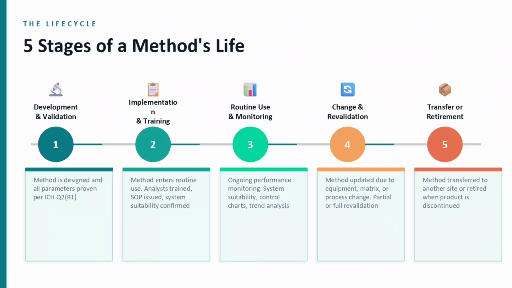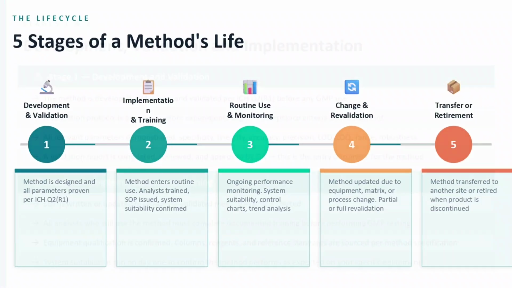A new matrix. And you must assess whether that change affects the method, and if so, what level of revalidation is needed. Stage 5 is transfer or retirement. Eventually the method either moves to another site, or it is retired because the product has been discontinued. These 5 stages are the complete life cycle. Let us now go through each one in detail.